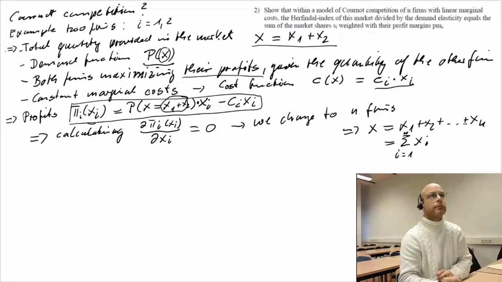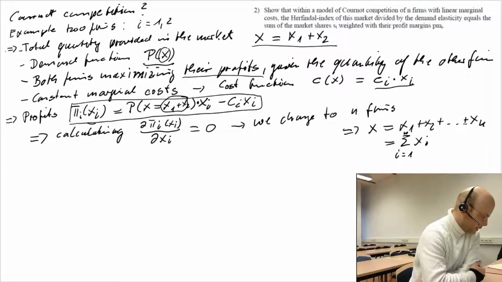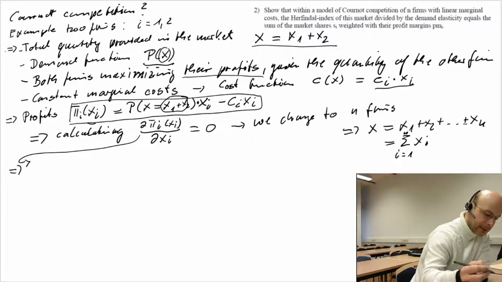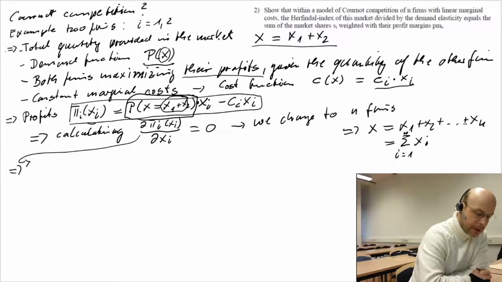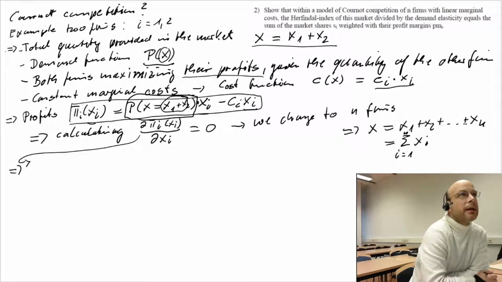So now we have to calculate this derivative, and then we obtain from this here a dependence on xi, here a dependence on xi, and here a dependence on xi.